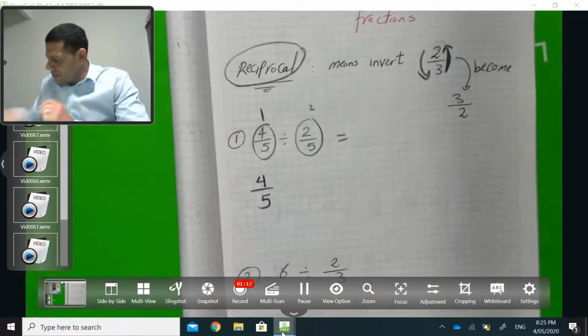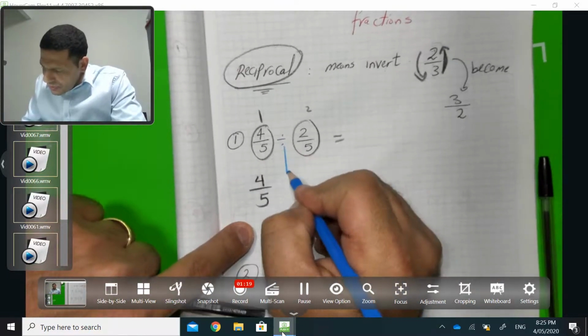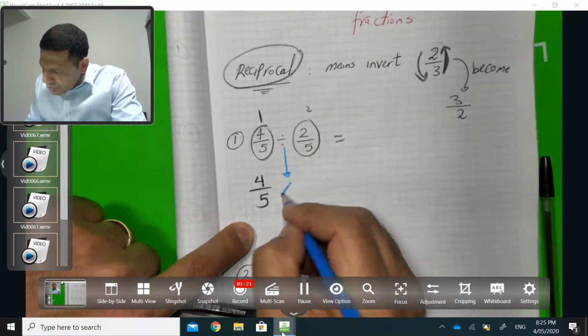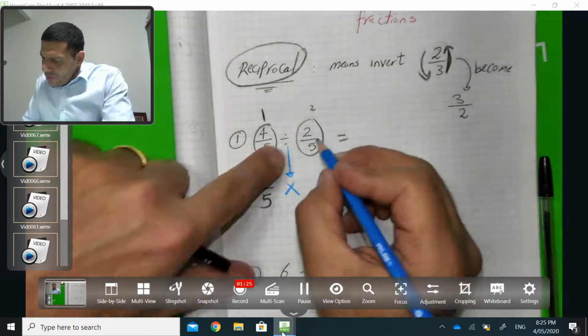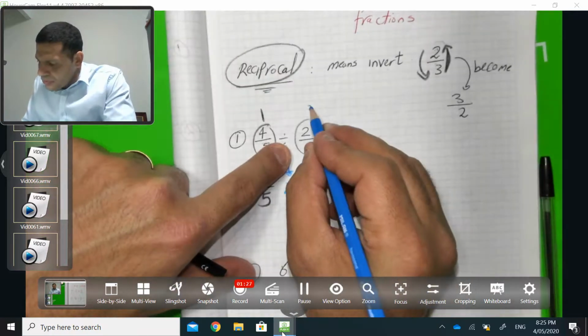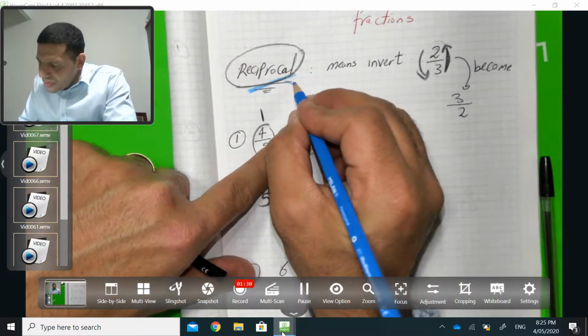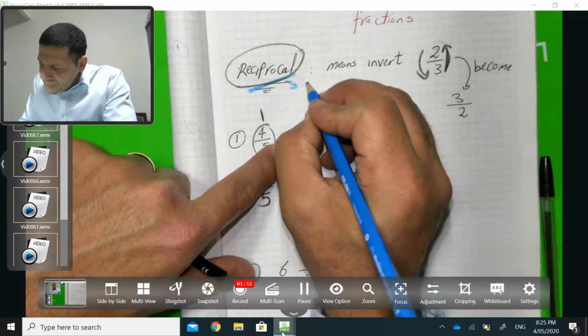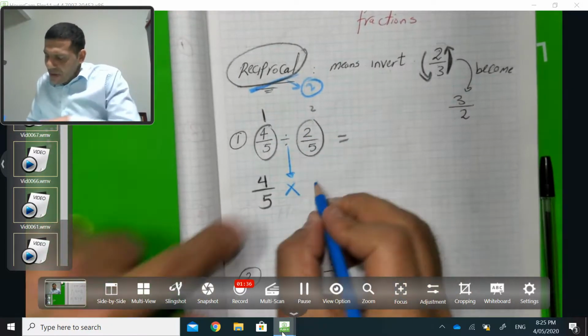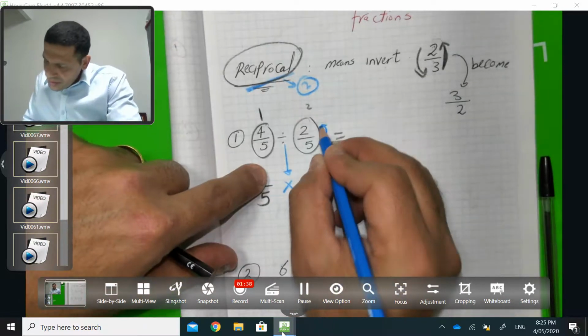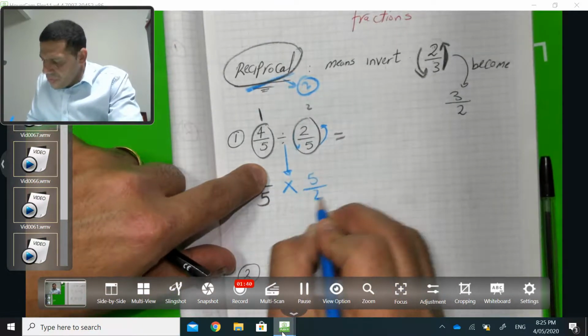Then you see divide here, you will change division into multiplication. And third step, you get the reciprocal for the second one. The reciprocal you always get for the second fraction. So how do you get the reciprocal of 2 over 5? When you flip it, it will be 5 over 2.